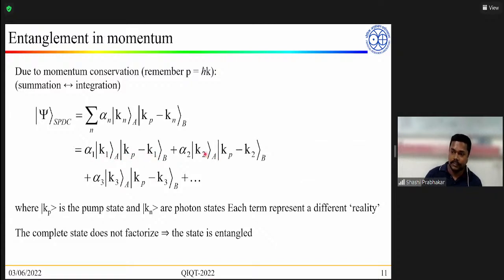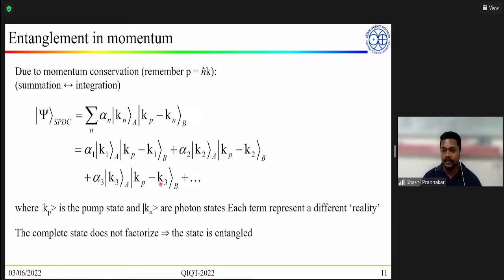If the signal is K2, the other will be Kp minus K2, and similarly it is an infinite sum. Here Kp is the pump state, which we can write in the momentum basis, and the Kn are the photon states that correspond to the signal or the idler.